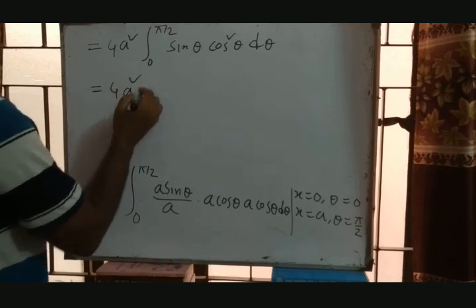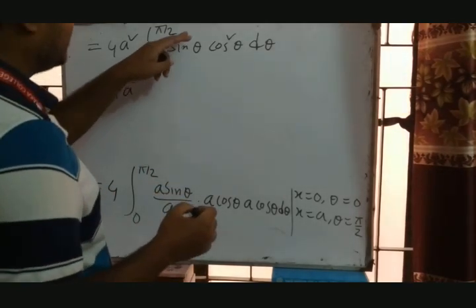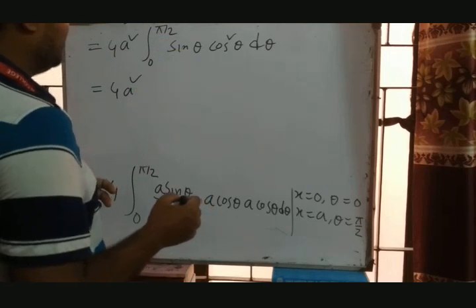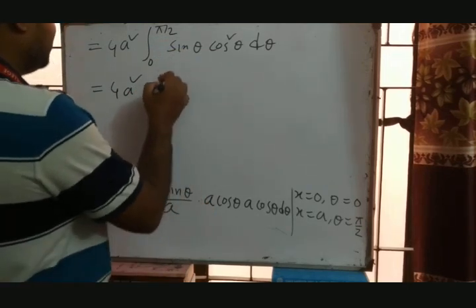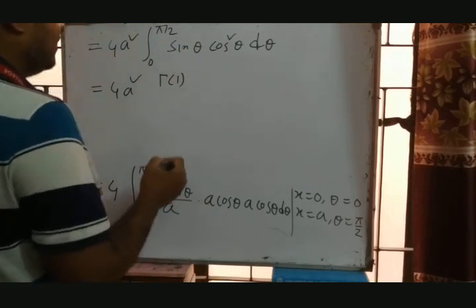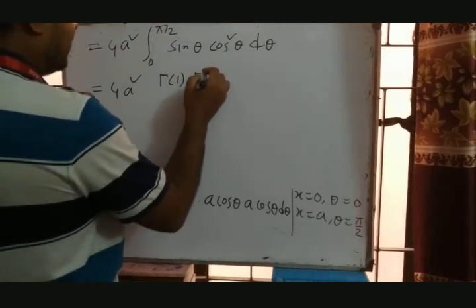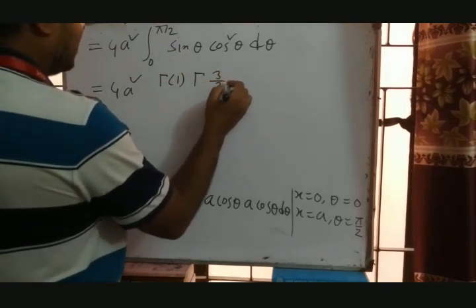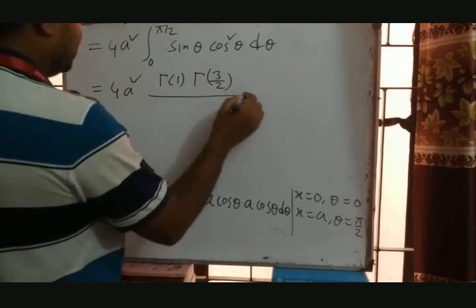Now applying the gamma beta function, we get sin to the power 1, that means p is equal to 1. So p plus 1 by 2, that means gamma 1, and q is 2, so 2 plus 1 is equal to 3, so gamma 3 by 2.